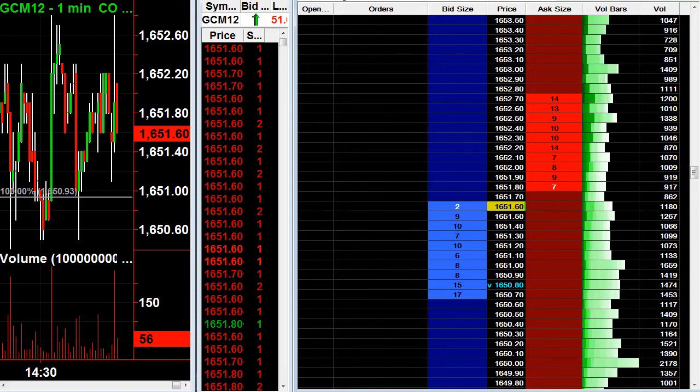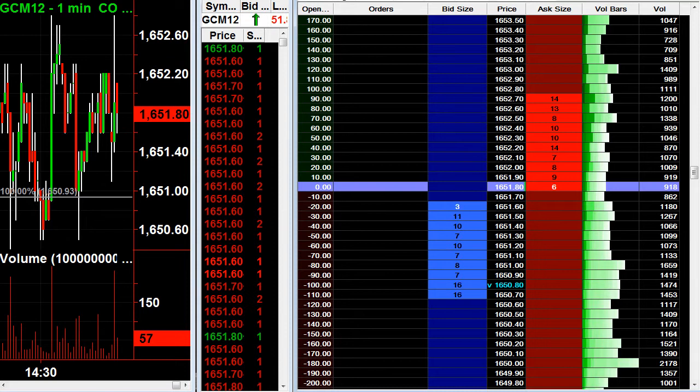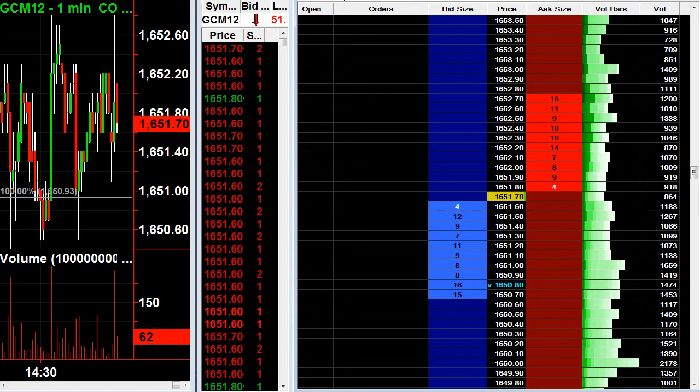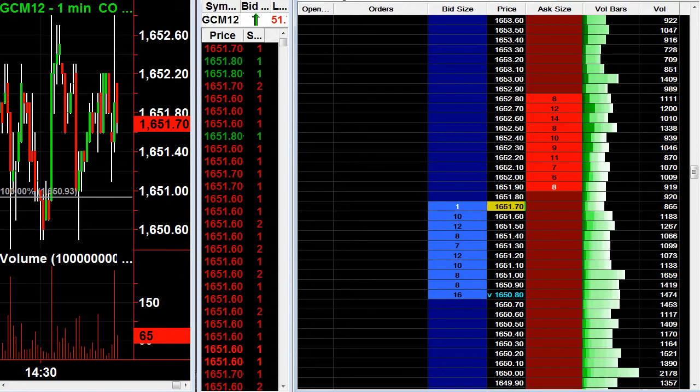You could just go buy market like I just did right there. That's a buy market order. All right, so we got filled at 1651.80, and now I'm going to flatten this really quickly and get out. So we lost 2 ticks there, because it was kind of an impulse trade. We just wanted it because we wanted it.